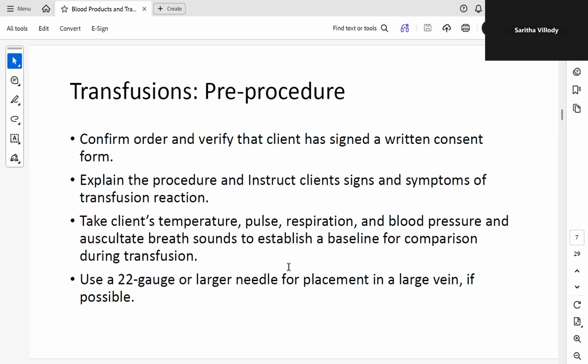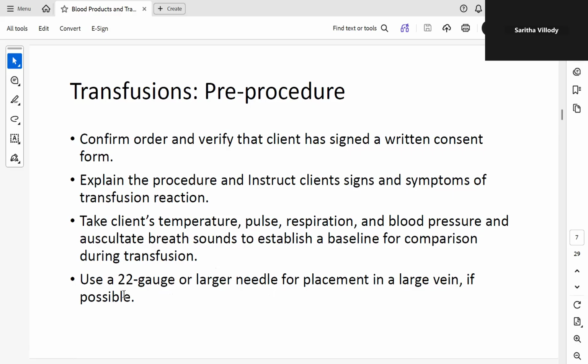Orbcon usually says use a 22 gauge needle. The Infusion Nursing Society says you can use anywhere from 18 to 24 gauge. For pediatric patients, we always use a 24 gauge needle to transfuse blood. Well, pediatric blood is not smaller than adult blood. It's the same blood cells we are infusing.